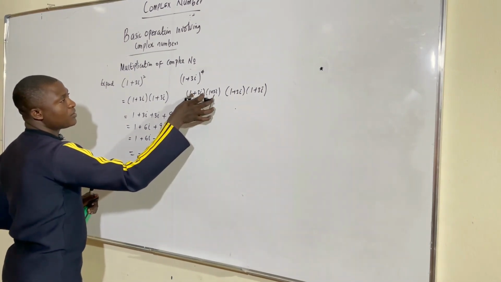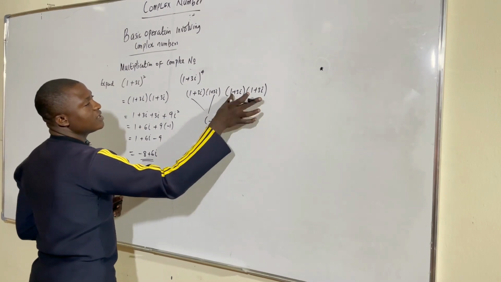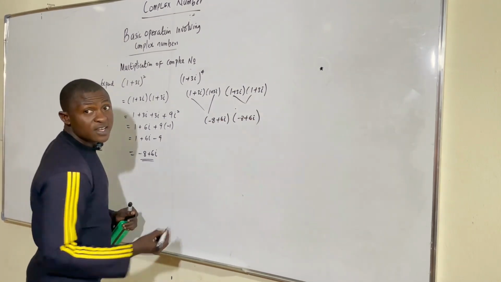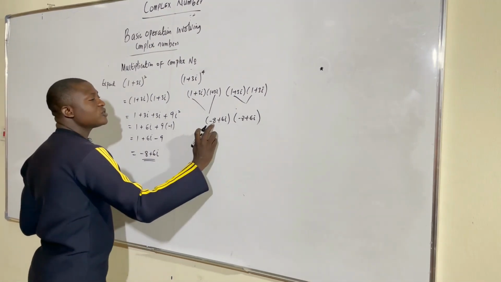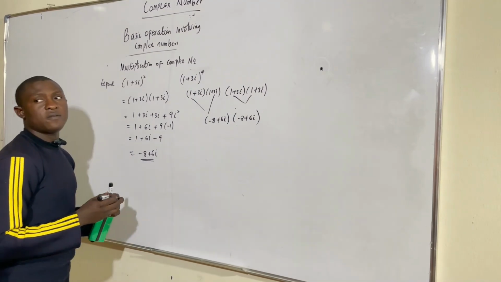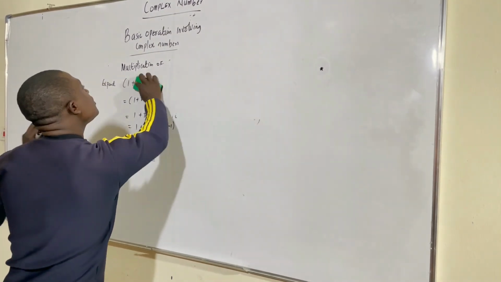Luckily, we have already gotten this: -8 plus 6i. So the other pair is also -8 plus 6i. Then we expand again, following the same process, the first for the first, the second for the second, and whatever you have is your final result.